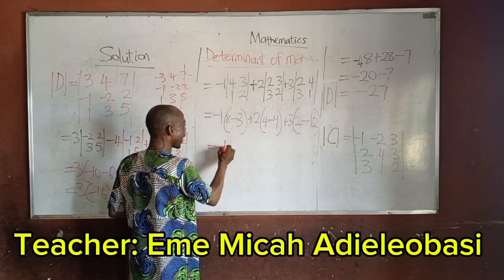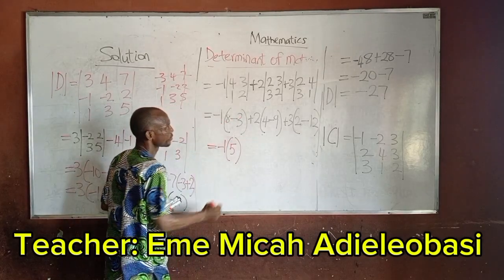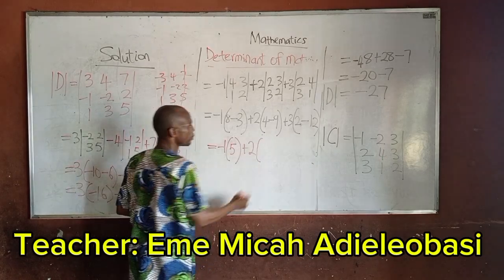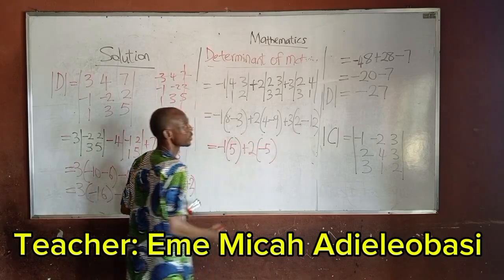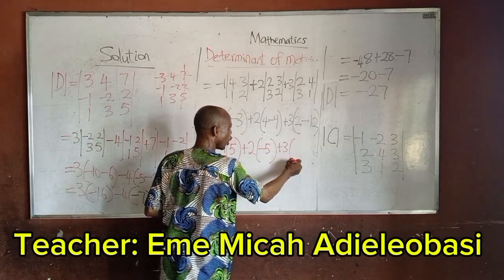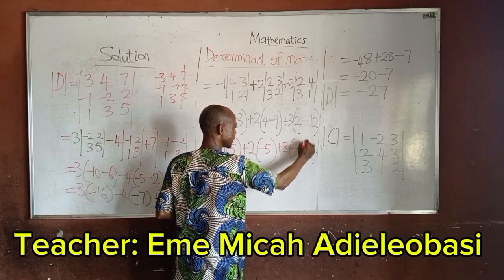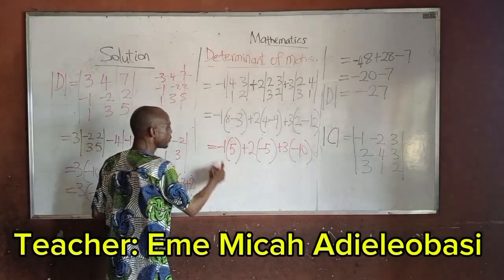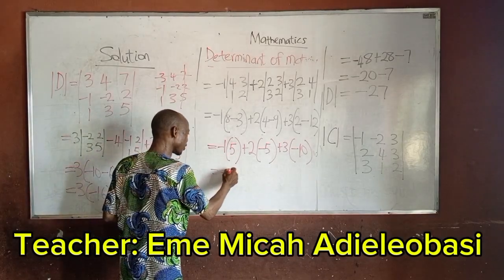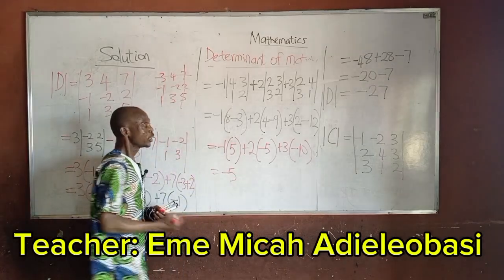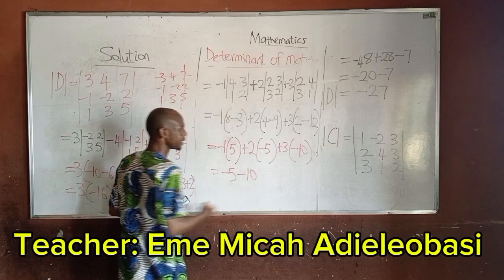Now let's look at that. Minus 1, open bracket. 8 minus 3 is equal to 5. Plus 2, open bracket. 4 minus 9 is equal to minus 5. Then plus 3, open bracket. 2 minus 12 is equal to minus 10. So we now have minus 1 times 5 is equal to minus 5. 2 times minus 5 will give us minus 10.